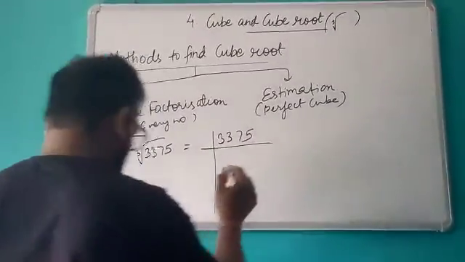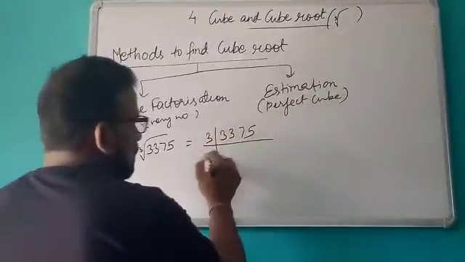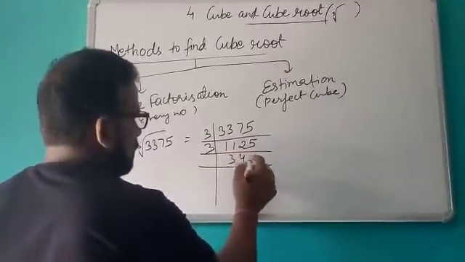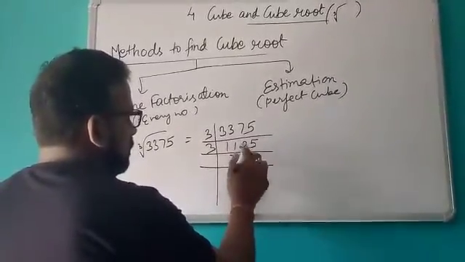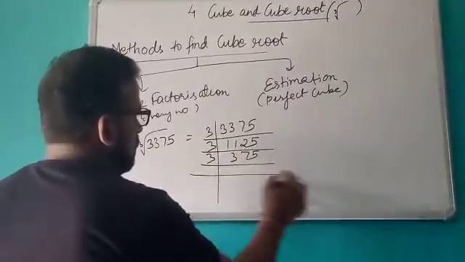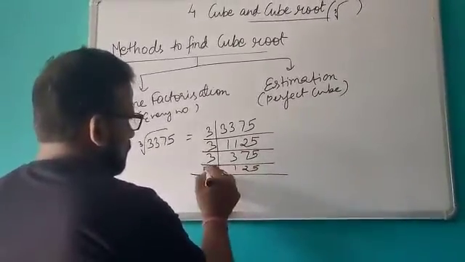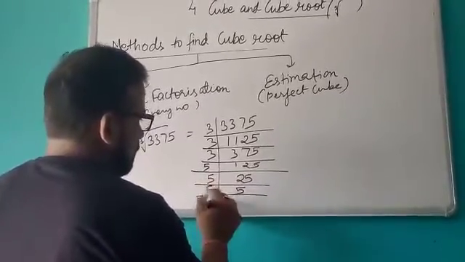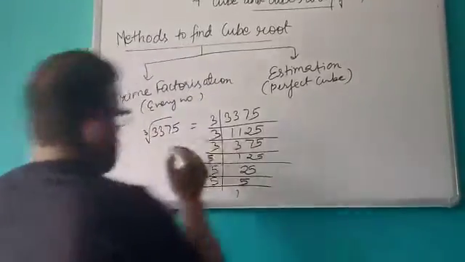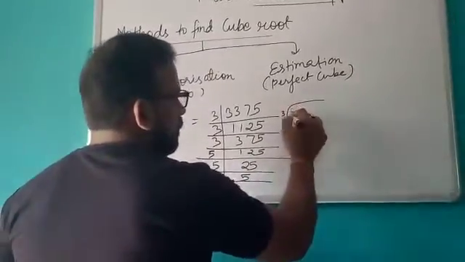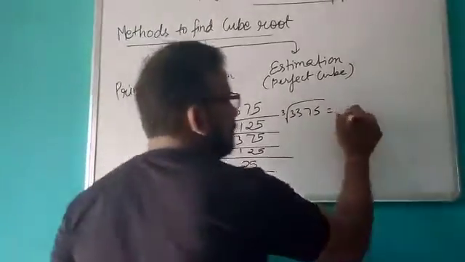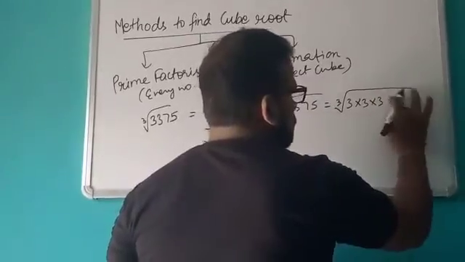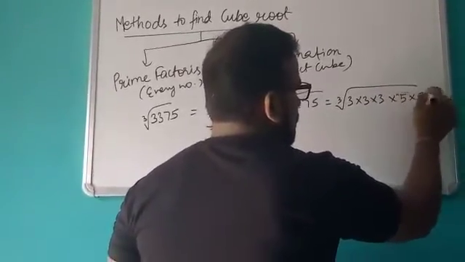As you already know the prime factorization: 3375 divided by 3 is 1125, then 375, then 125, then 5, then 5, then 1. So that means cube root of 3375 is equal to 3 into 3 into 3 into 5 into 5 into 5.